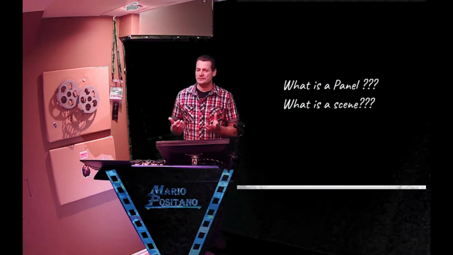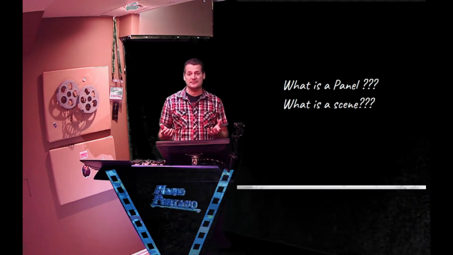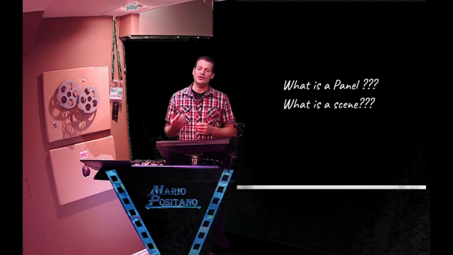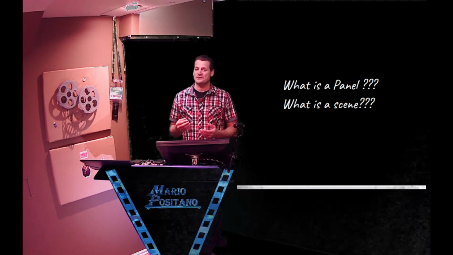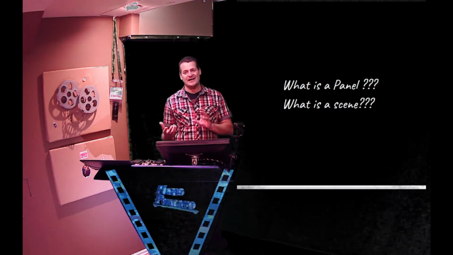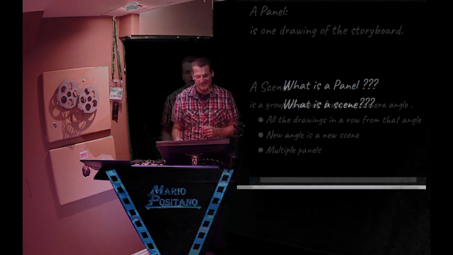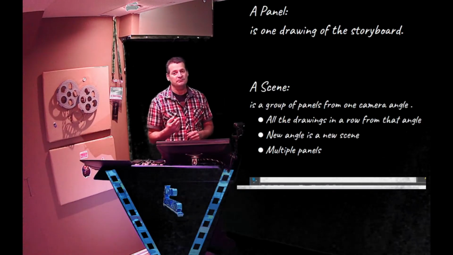Another item that has to be clarified is what a panel is and what a scene is. Toonboom software does use these terms, and they use them for specific reasons. And there's one quick tip to help you remember which is which. A panel is one drawing of the storyboard.